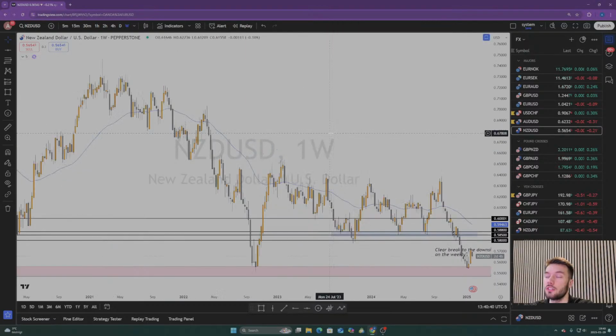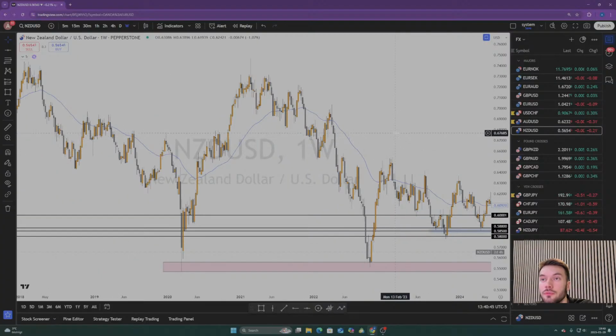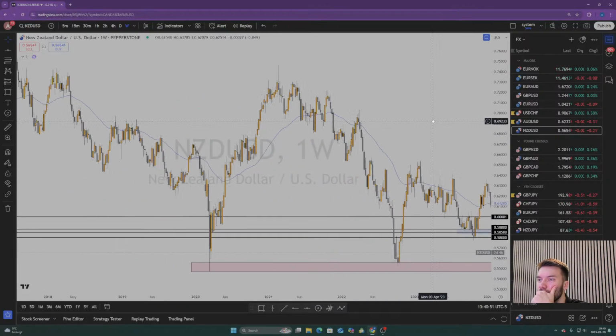Of course, it's a probability thing. We cannot guarantee anything, of course. See here as well. 1, 2, 3, and we get the bounce on the fourth one.